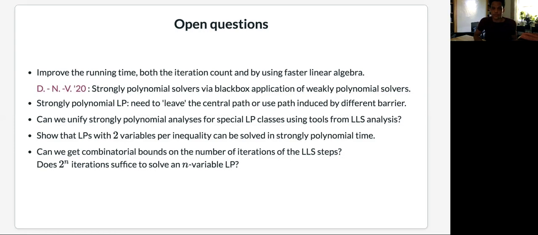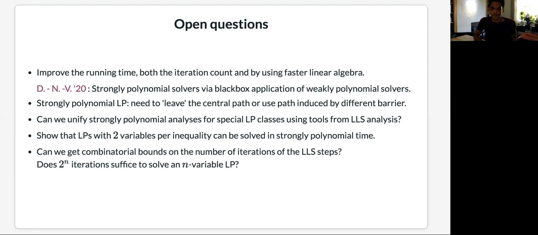Another open question would be, for classes of LP for which we already have strongly polynomial algorithms, can we show that our algorithm is also strongly polynomial for those as well? Note that chi bar can be unbounded, for example, for 2VPI systems, so two variables per inequality systems, but maybe a better analysis can show that our algorithm is strongly polynomial here as well.